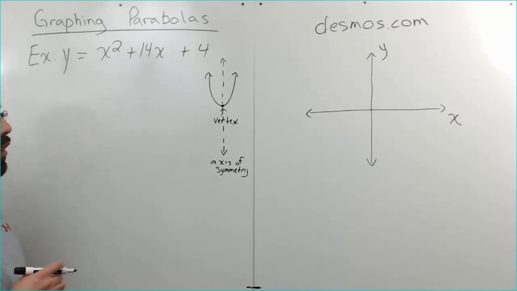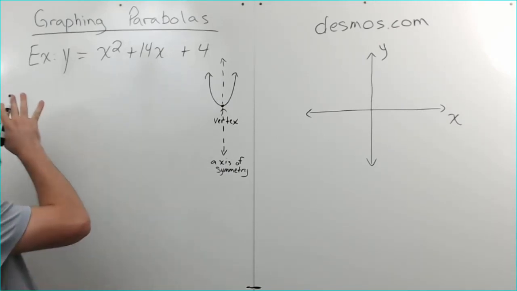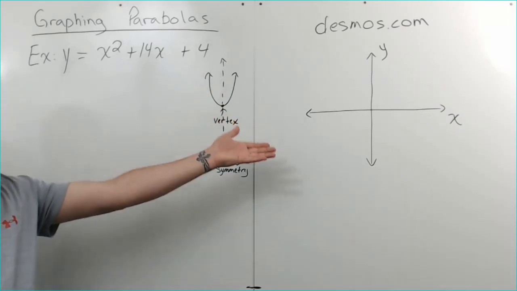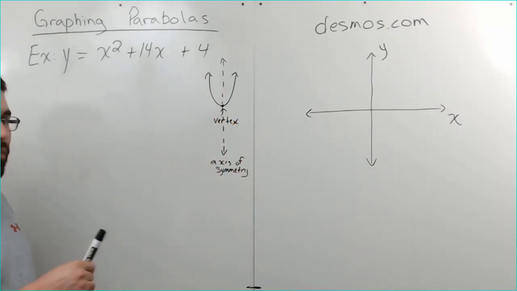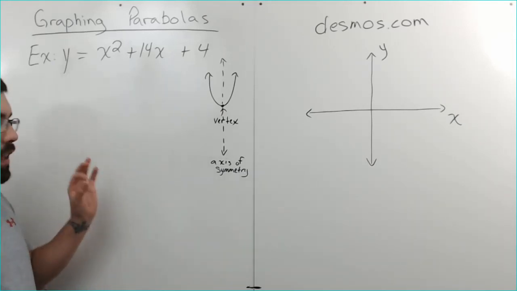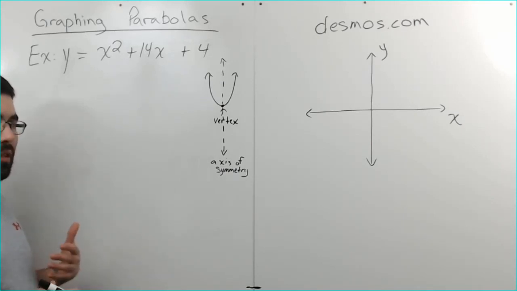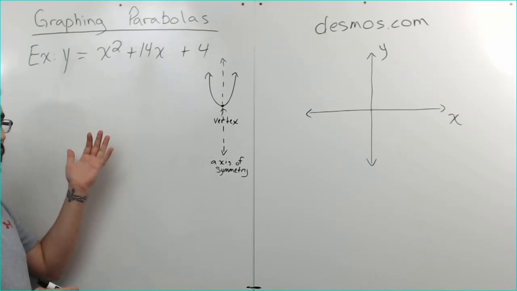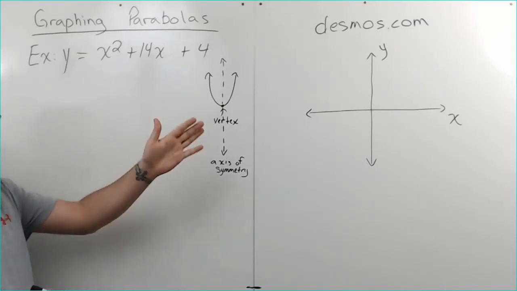If I were to attempt to graph this, I'm going to actually need a graph. I'm going to need an XY graph, which I've drawn over here. Sometimes you'll see that referred to as an XY plane. If you ever see Cartesian plot, same thing. And basically, I'm just going to look for numbers that I can substitute into this equation, solve it, and plot over there.